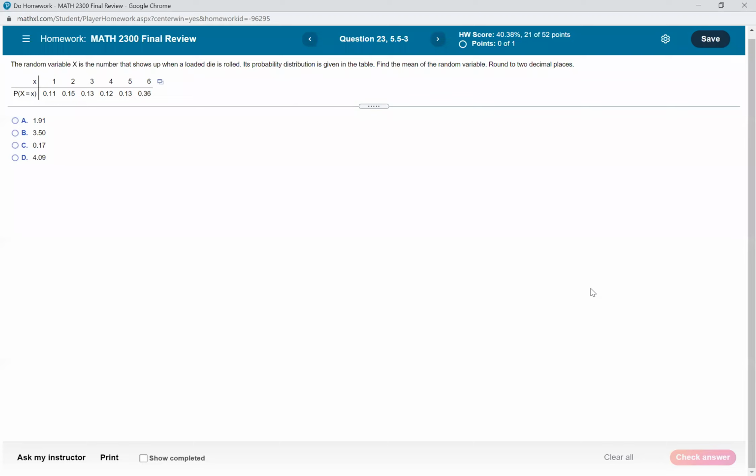Here the random variable X is the number that shows up when a loaded die is rolled. Its probability distribution is given in the table. Find the mean of the random variable, rounded to 2 decimal places. So we have to find mu.